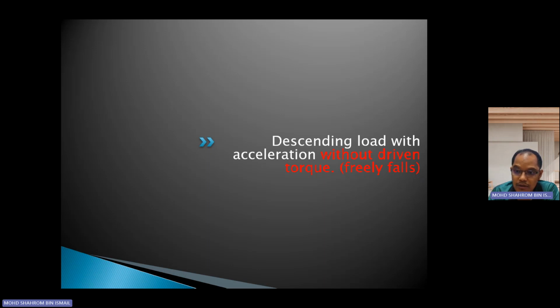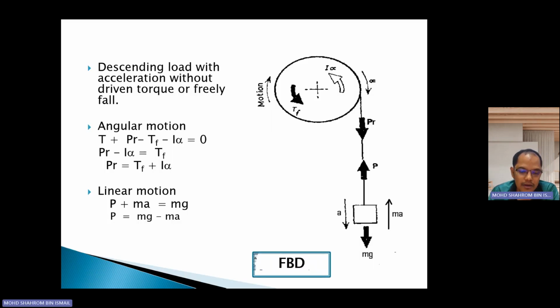And of course we're going to study the condition of free fall. This is the worst case scenario, where they don't have any friction and so on.